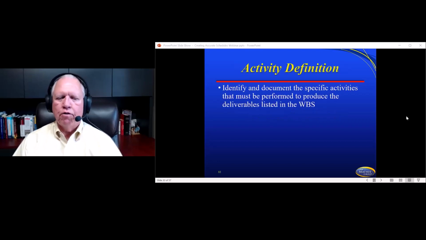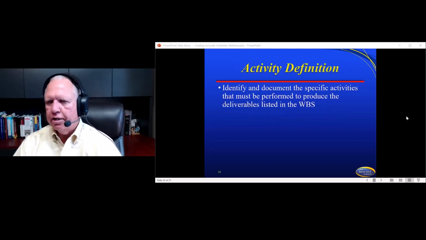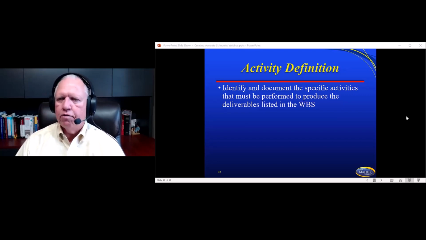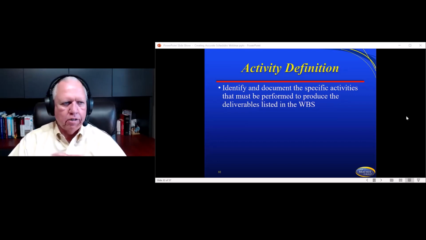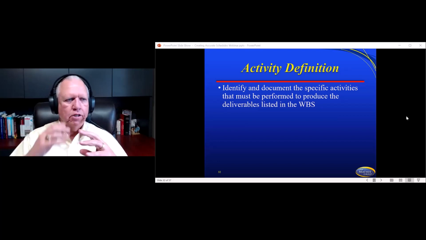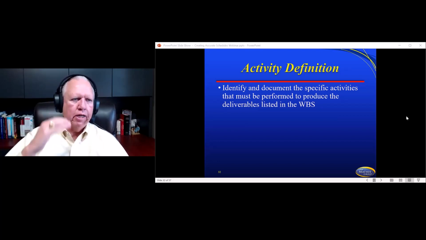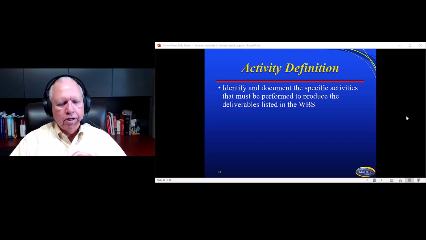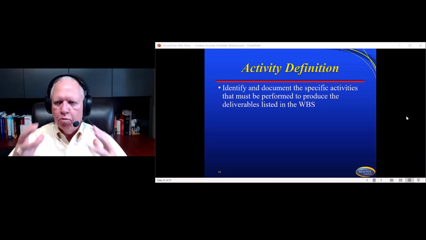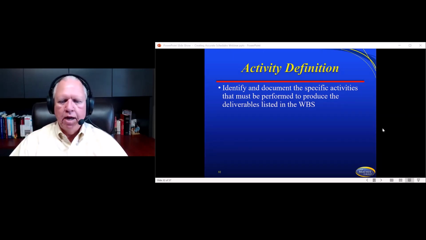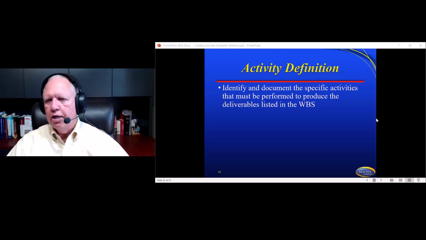So let's go a little further here with activities. The activity we're talking about, you might call a task, and that's fine. An activity is going to be smaller than a work package. So we break the work down to the work package level, and now we take the work package and break it down into activities. You can identify and document the specific activities that must be performed to produce the deliverable you've been working with in the WBS. Those activities are normally what you put into your Gantt chart.